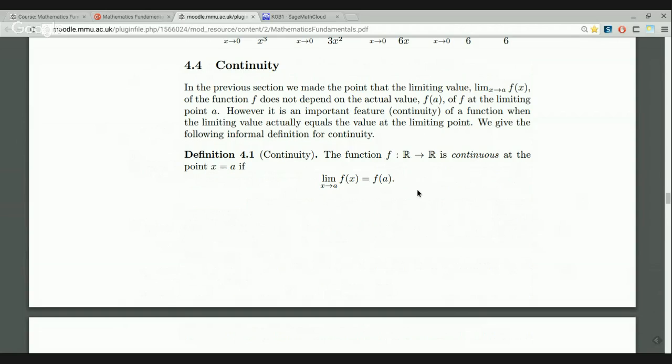So here's a point a in its domain, and if you consider the limiting value as x approaches a of the function, well, if you approach a from either side, the values of the function will approach this point, which is of course equal to f of a. Okay? So this function is showing good continuous behavior at all points in its domain, or at least the points we've represented there.